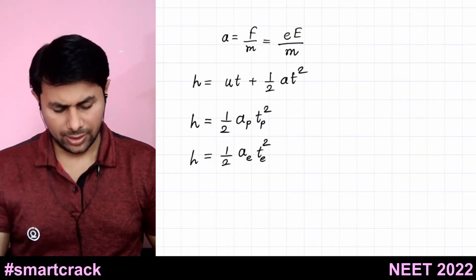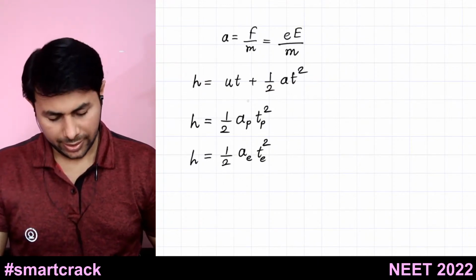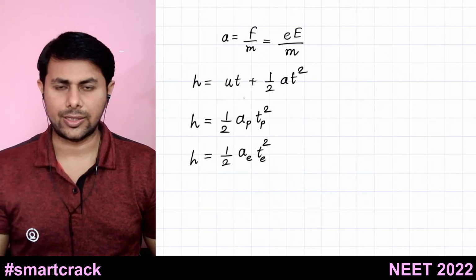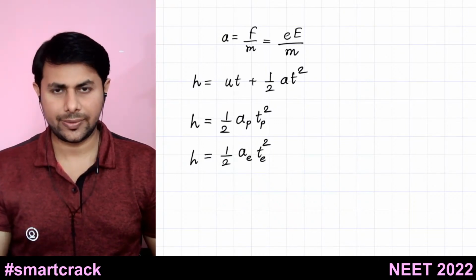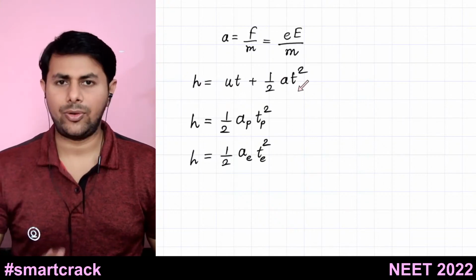So what did I do? S is equal to ut plus half at square is our formula. Initial speed is 0, they are falling freely in that electric field. So we have h equal to half of at square.